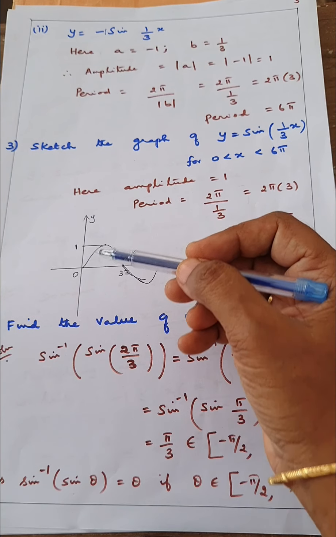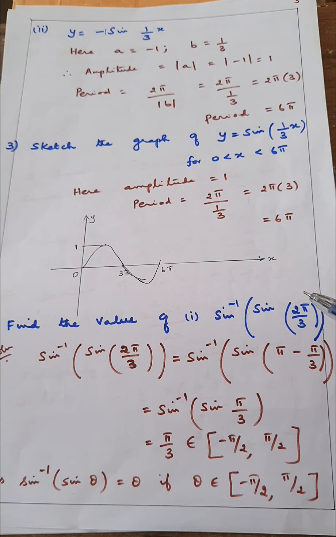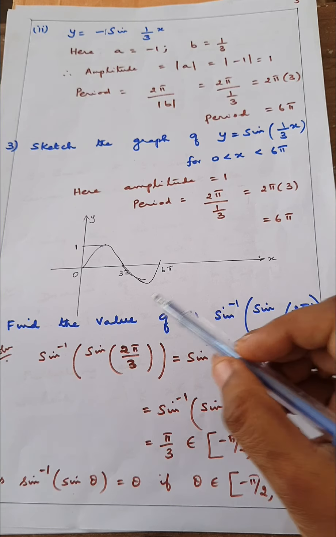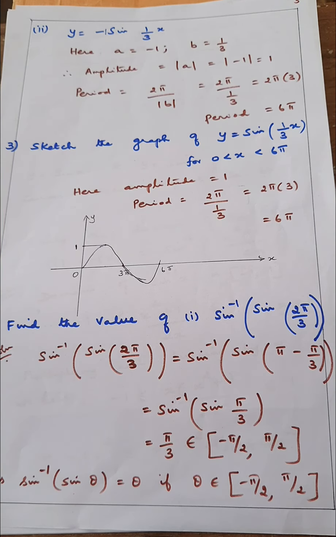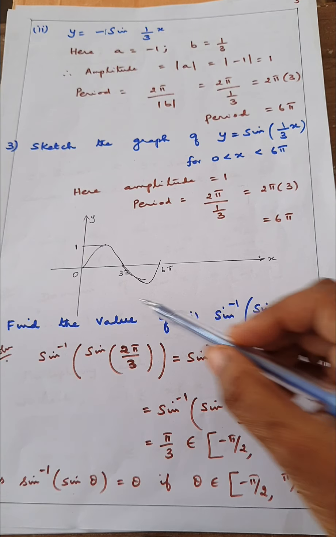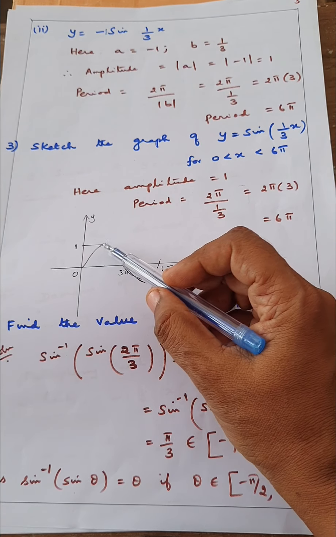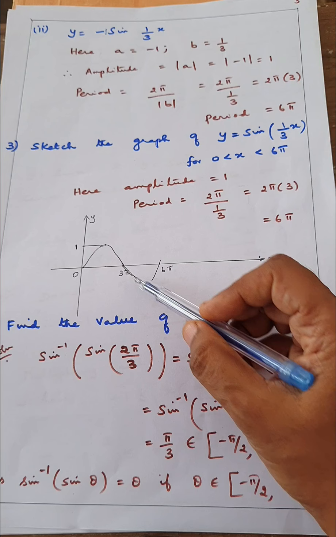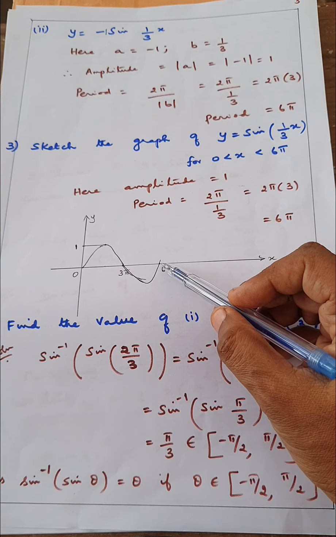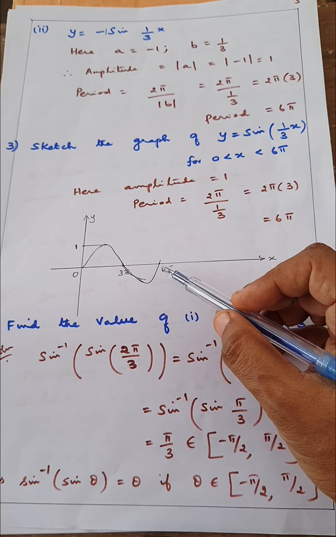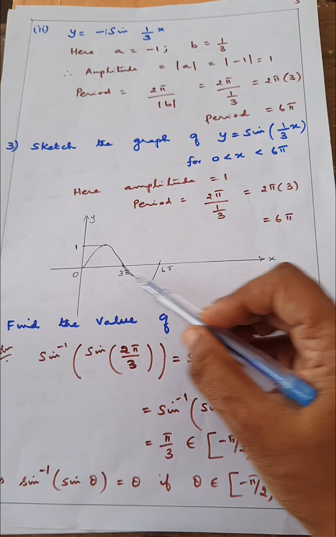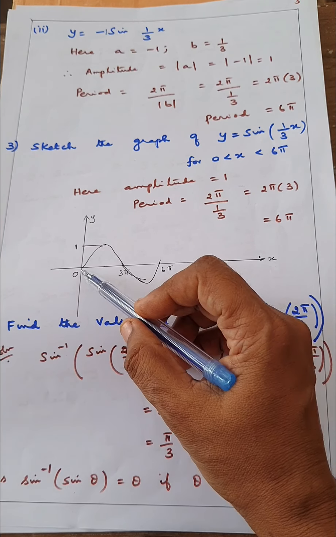And then what do you mean by period? Period is the distance required for the function to complete one full cycle. So we start from 0 and then one full cycle is this, again coming back. That distance is nothing but 6 pi. So therefore the graph must be how?